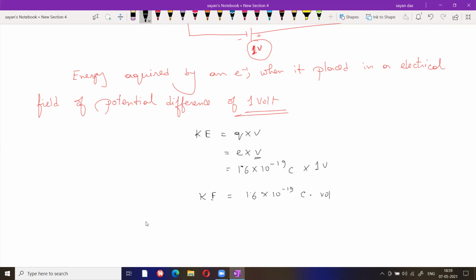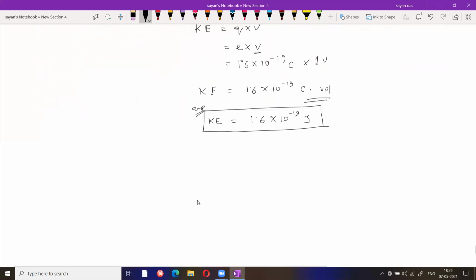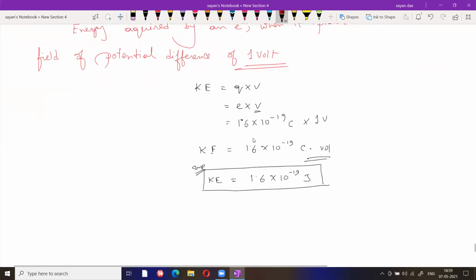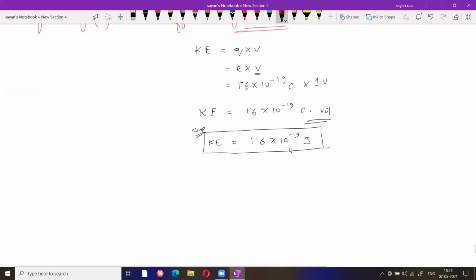Okay. Coulomb into volt. Any doubt regarding this part? And this can be represented as 1.6 into 10 to the power minus 19 joule. Do you have any doubt regarding this part? Any doubt how the 1.6 into 10 to the power minus 19 comes?